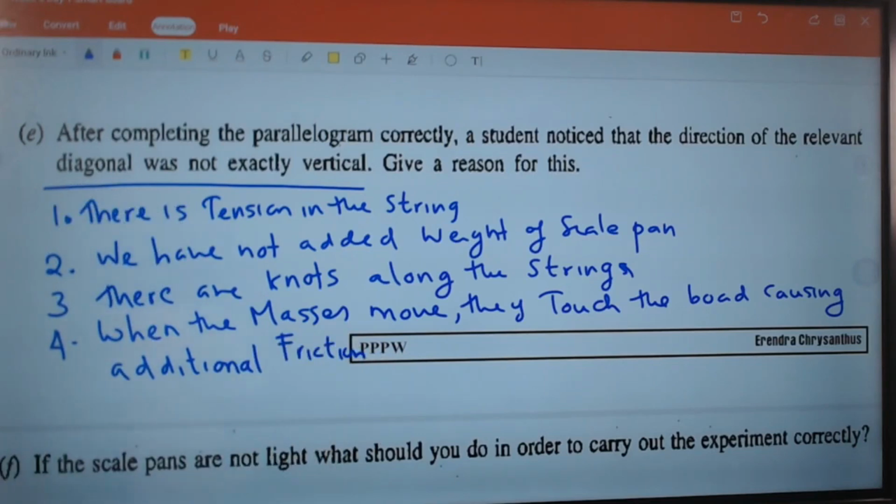So these are the reasons, carefully write it down.